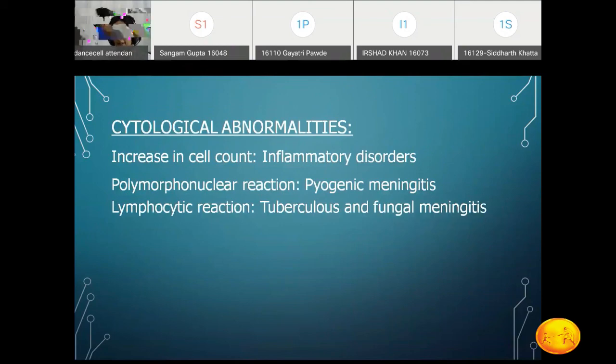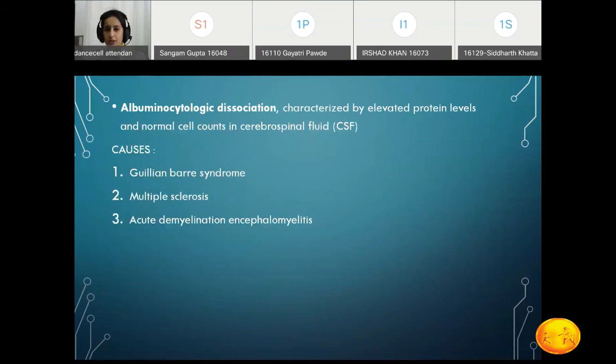Increase in cell count is also present in inflammatory disorders. Polymorphonuclear cells are found in pyogenic meningitis. Lymphocytic predominance is found in tuberculosis, fungal, and viral meningitis. Albuminocytologic dissociation is characterized by elevated proteins and normal cell counts in cerebrospinal fluid. You may have elevated proteins and elevated cell count in tubercular meningitis, and in pyogenic meningitis.